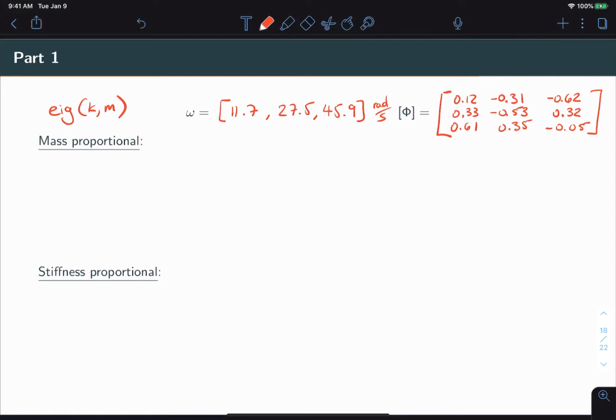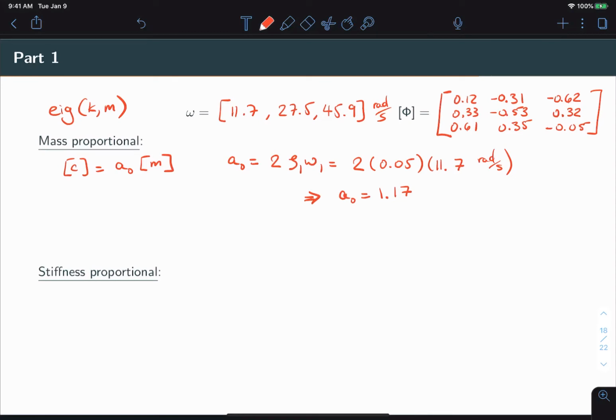And so now we can move into finding the mass proportional damping matrix. To do that, we simply take the equation for A0 that we derived in the previous video, and we plug in all our information for mode 1. So the value for zeta 1 was specified in the problem.